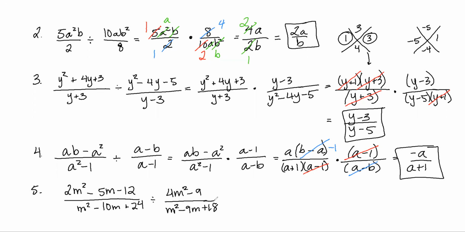So this one is just like what we were just doing. So first thing you're going to want to do is flip that second fraction and then factor and cancel things out.